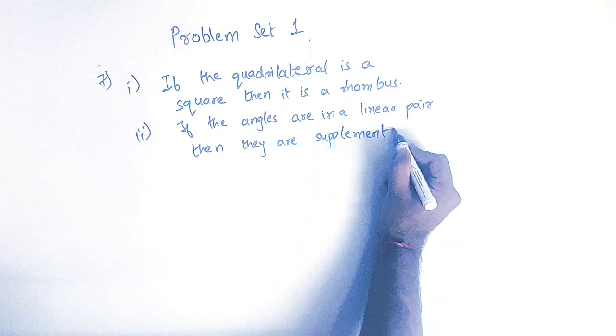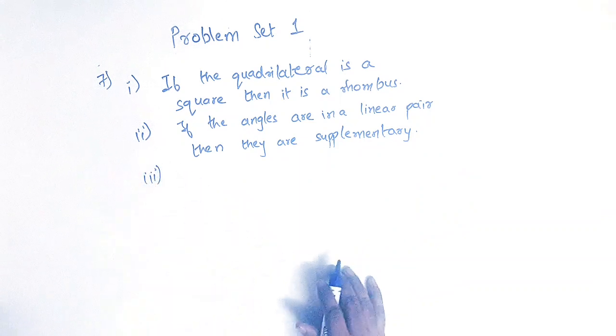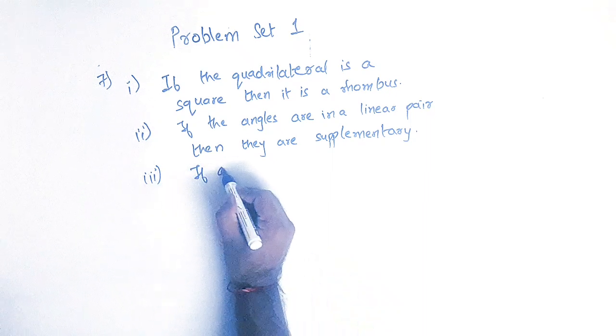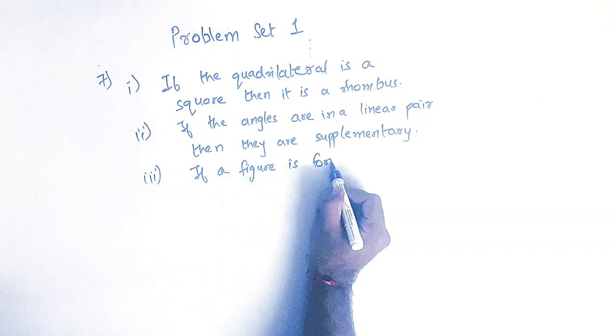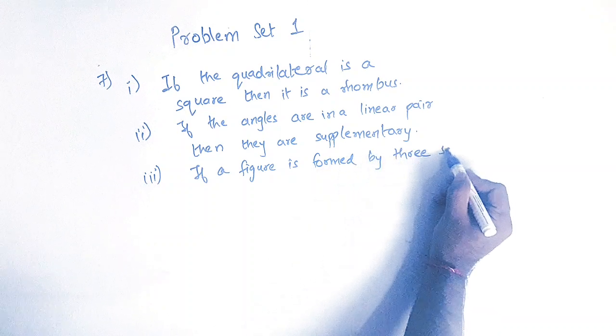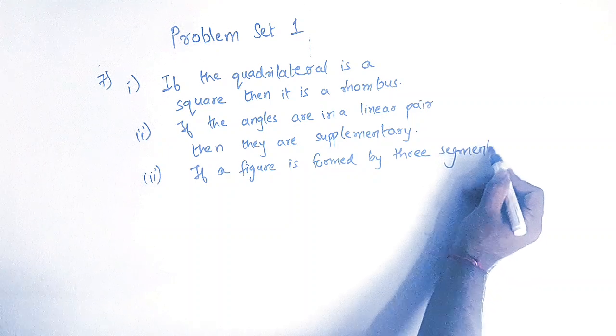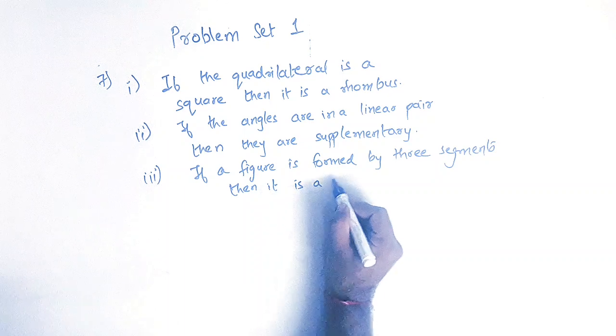Okay, then a triangle is a figure formed by 3 segments. Okay, so if a figure is formed by 3 segments, then it is a triangle.